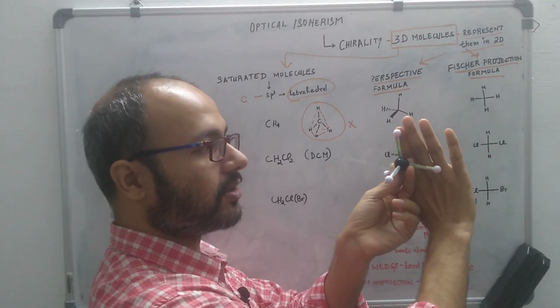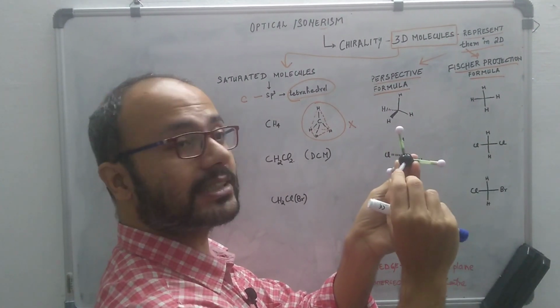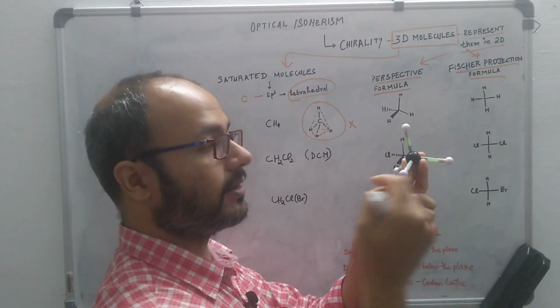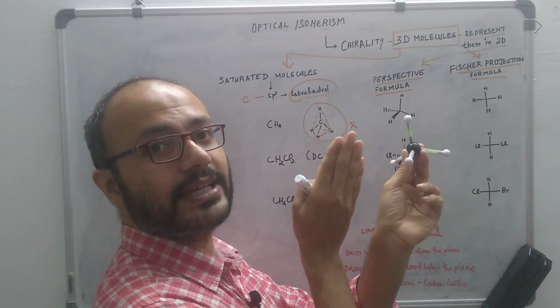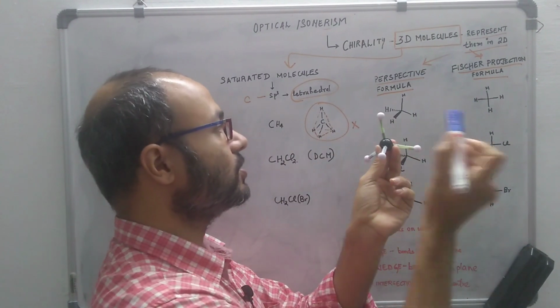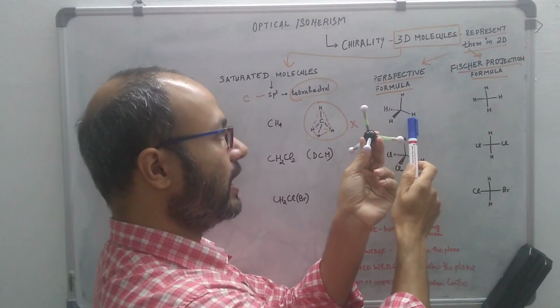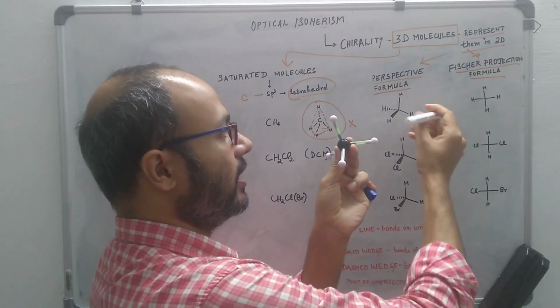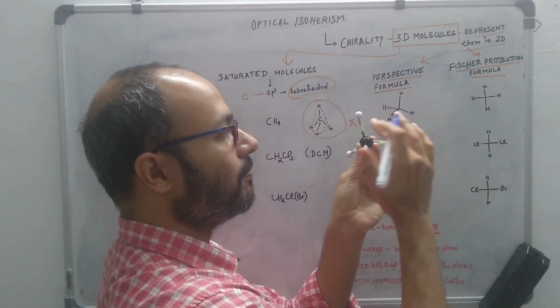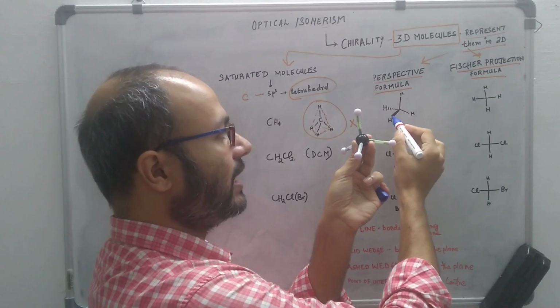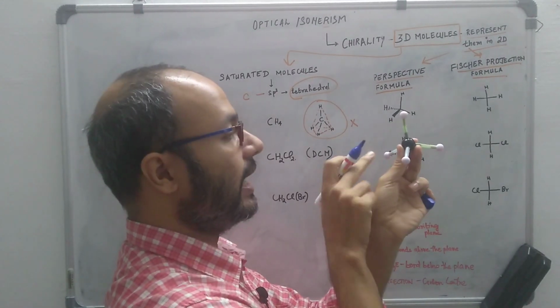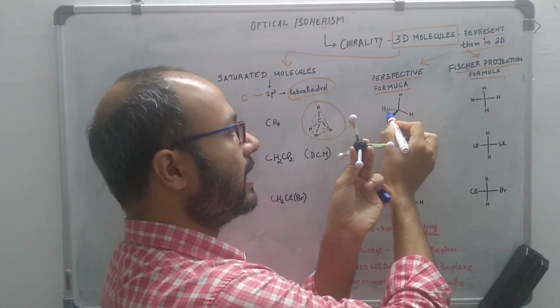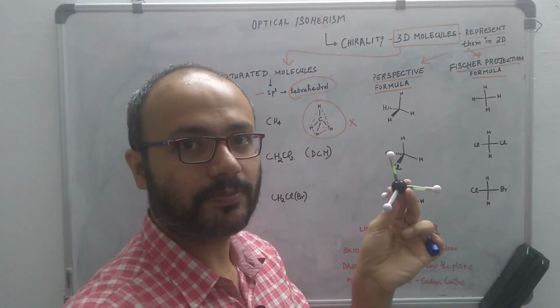If these 2 bonds are on the writing plane, one of the hydrogens here is above the plane and one of the hydrogens here is below the plane. That is why I drew a perspective formula in which I have drawn 2 hydrogens on the writing plane, and 1 hydrogen is coming out and 1 hydrogen is going down. I represent it with a dash mark.